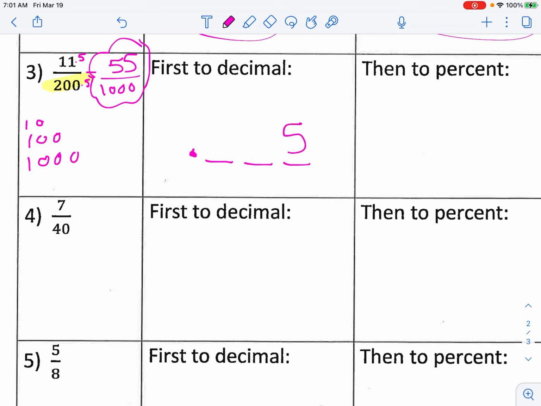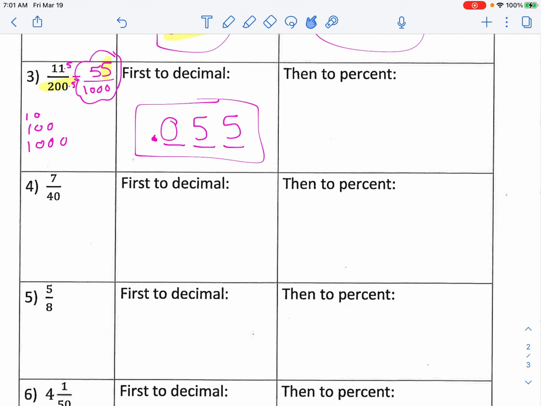So I'm going to kind of work backwards. If this 5 has to be sitting in the thousandths place, then my first 5 is going to be here, and this is going to have to be a 0 placeholder. Now, to go from the decimal to the percent, we move the decimal 2 places to the right.